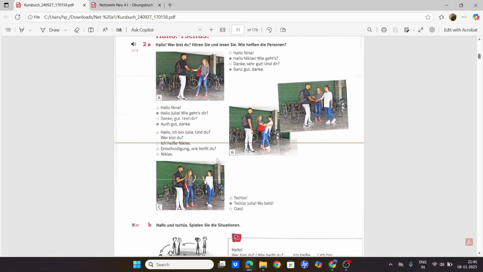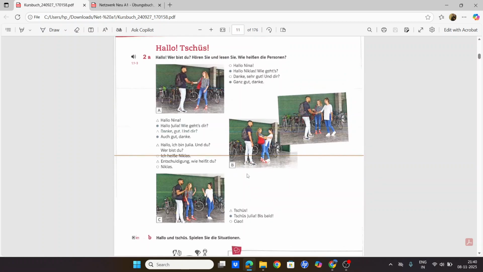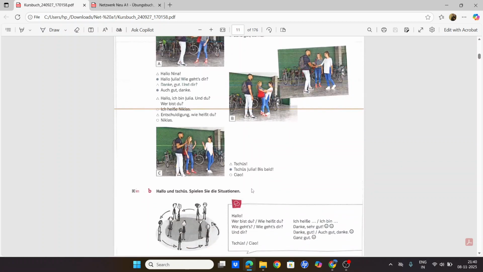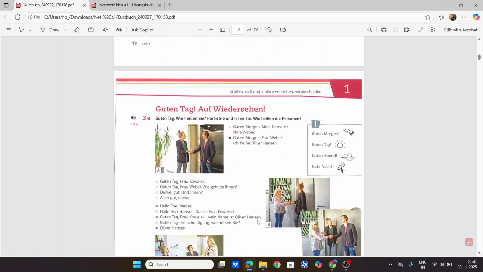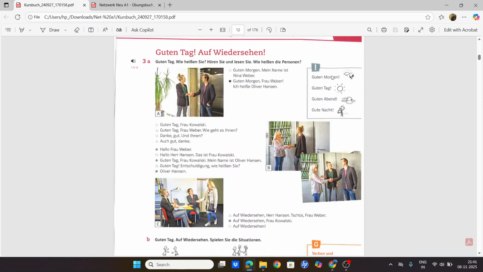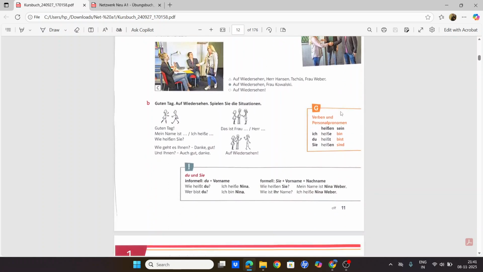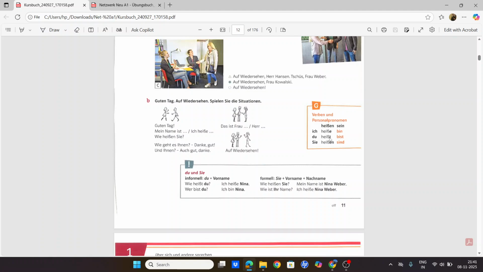What we did last class, we discussed how to introduce yourself, how to ask someone his name or her name, and greetings: Guten Morgen, Guten Tag, Guten Abend, and Guten Nacht. And we discussed the pronouns ich, du, Sie.